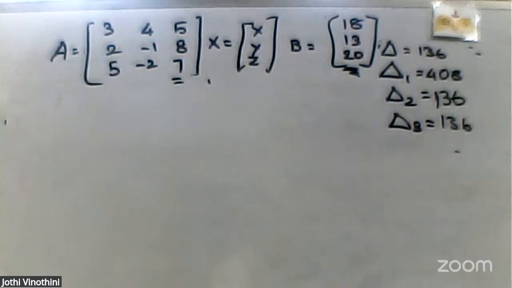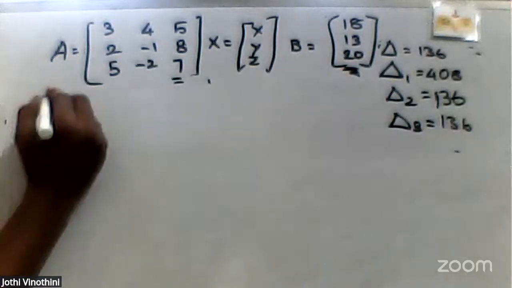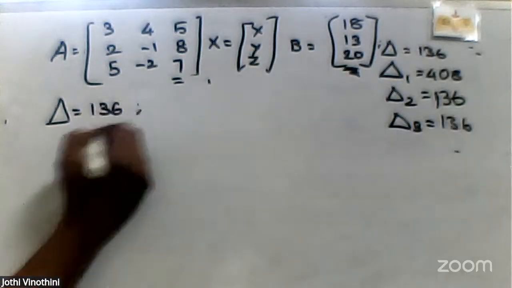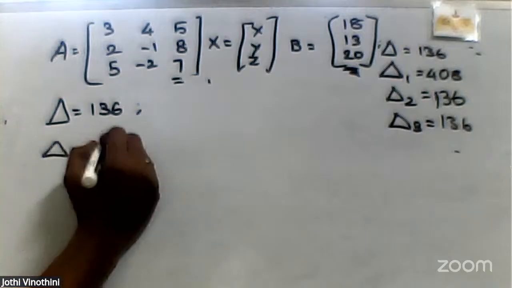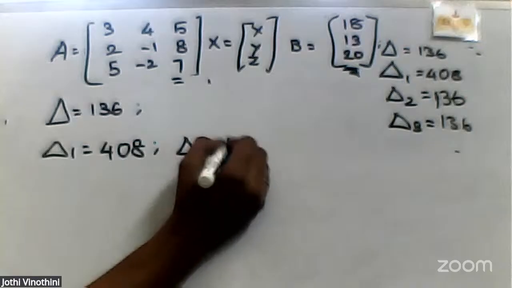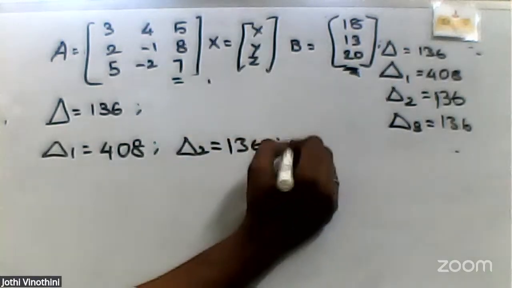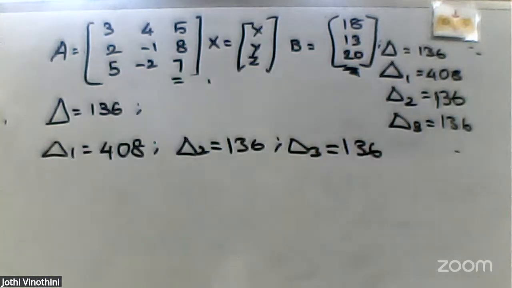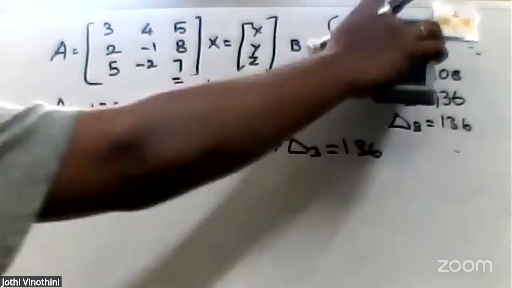Okay. So what do we have now? We found del equals 136, del 1 equals 408, del 2 equals 136, and del 3 equals 136. Clear? This is what we have found till now.